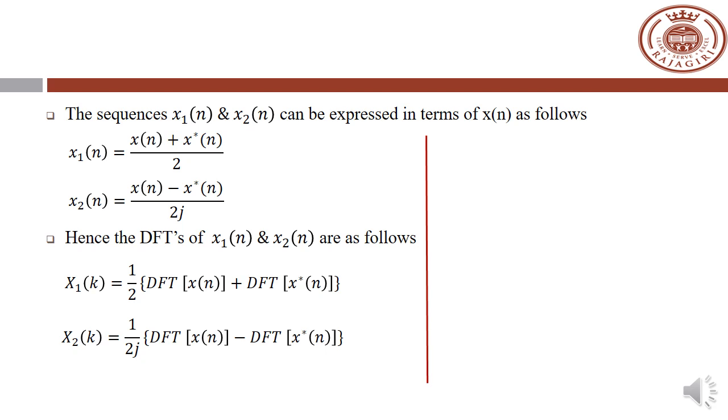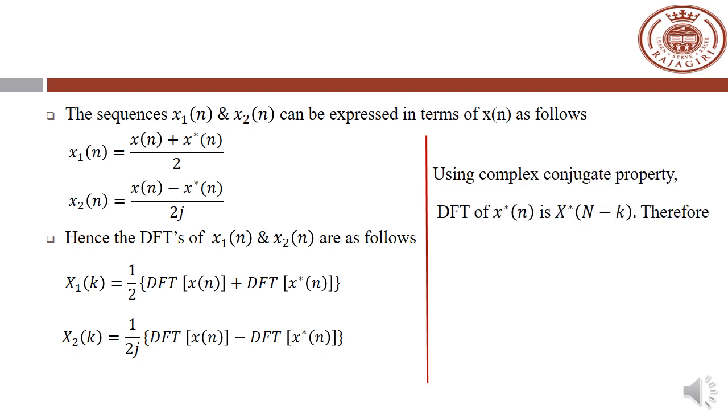By the complex conjugate property of DFT, we know that DFT of x conjugate of n is equal to X conjugate of capital N minus k. Therefore, using this substitution in the previous two equations, we get X1 of k is equal to 1 by 2 into X of k plus X conjugate of N minus k, where X of k is the DFT of x of n and X conjugate of N minus k is the DFT of x conjugate of n.